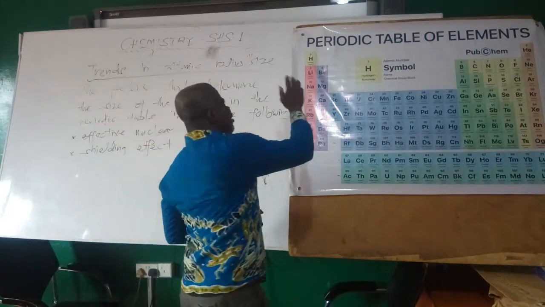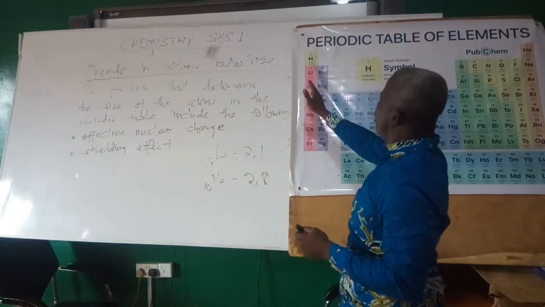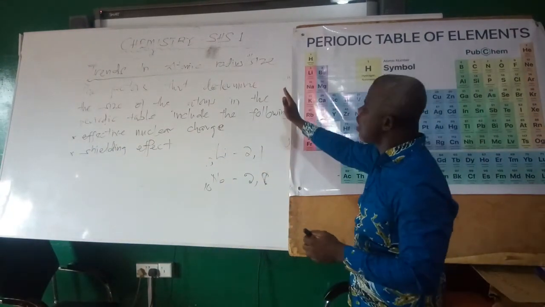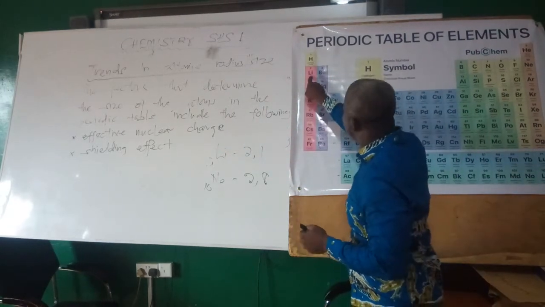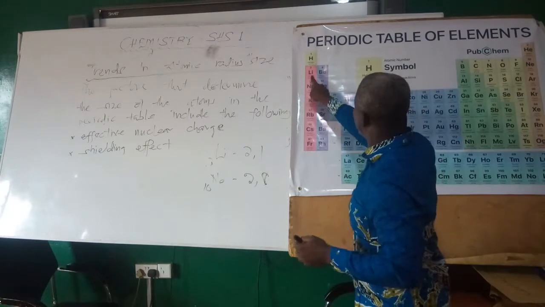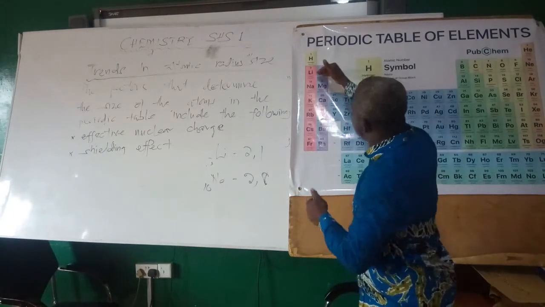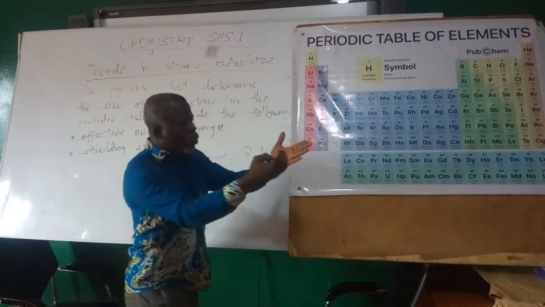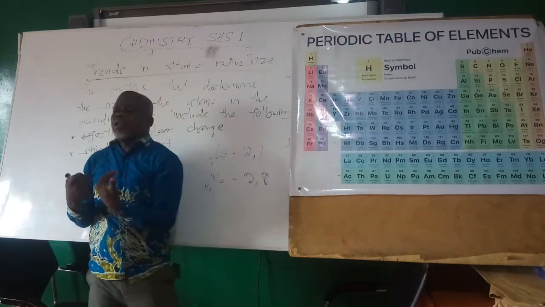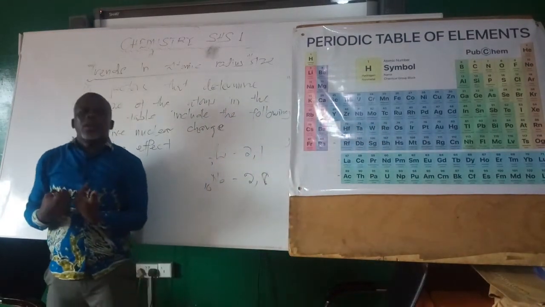But the nuclear charge is increasing, and when the nuclear charge is increasing, the effective nuclear charge is also increasing, but the shielding remains constant. So what it means is that the electrons will be pulled closer to the nucleus.